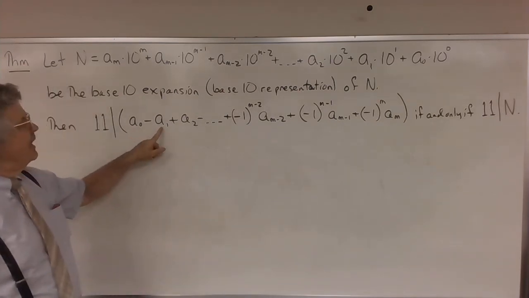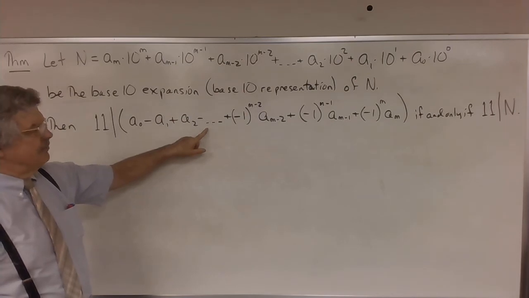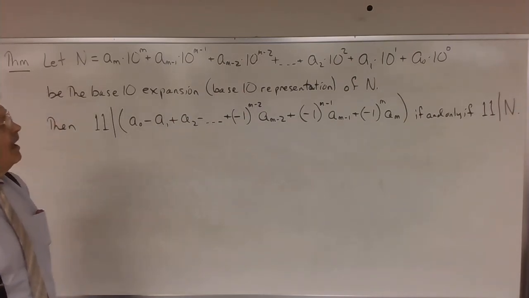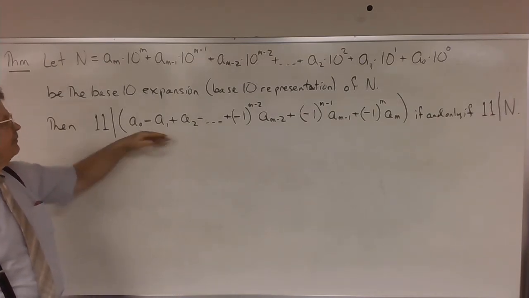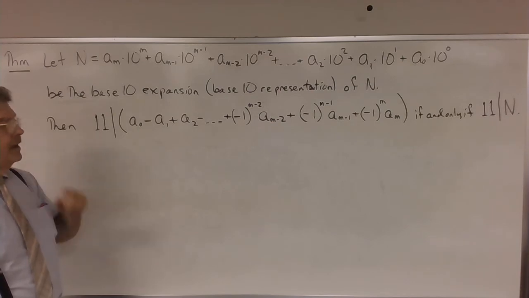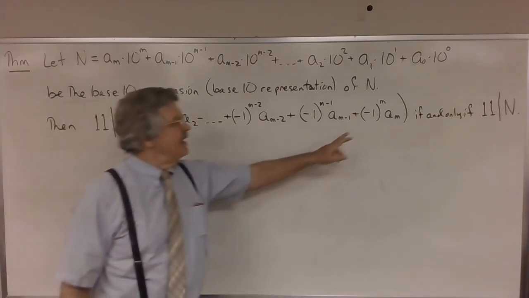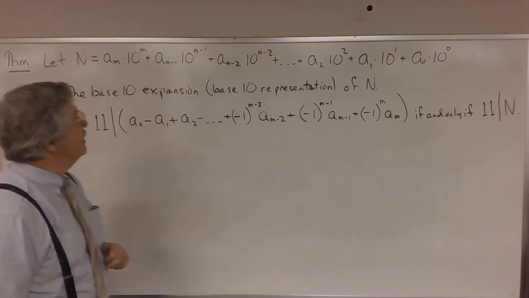A sub 0 minus A sub 1, plus A sub 2 minus A sub 3, and so on. I'm writing it this way with the digits in reverse order just because it's easier to state in the general case.